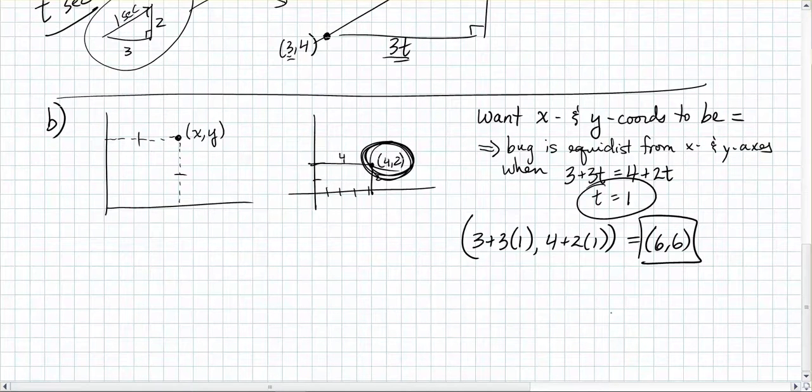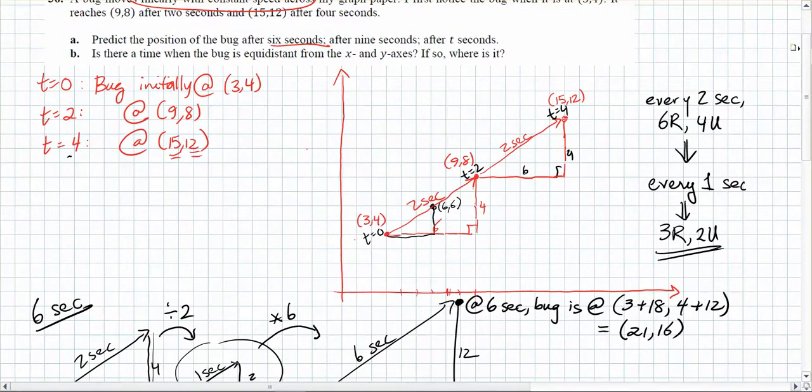Now there's a subtle other point that occurs where it's equidistant from both axes. And I don't expect you guys to have come up with this. But if you go backwards in time, somewhere over here, the bug's distance to this axis is the same as the bug's distance to this axis.